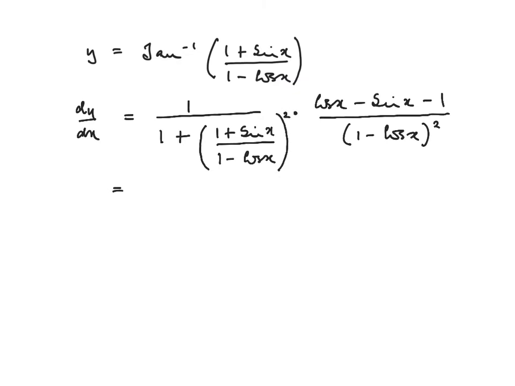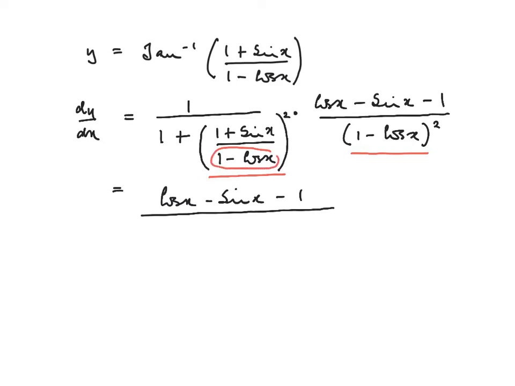Now, the top line of the fraction is going to be cos x minus sine x minus 1. What's going to happen is that this bracket squared will multiply this term, and it will cancel out with the 1 minus cos x squared that's on the bottom, and it will also multiply this term. So what we end up with is 1 minus cos x all squared plus 1 plus sin x all squared.